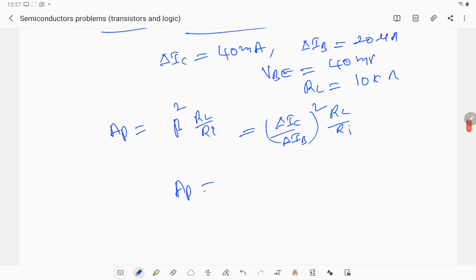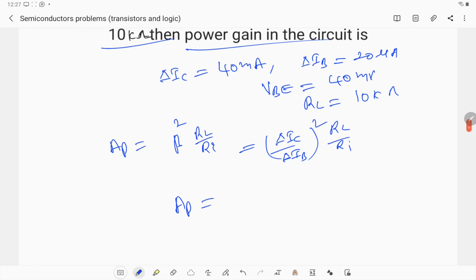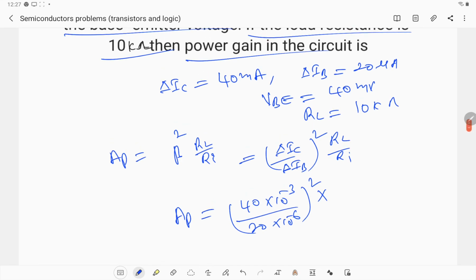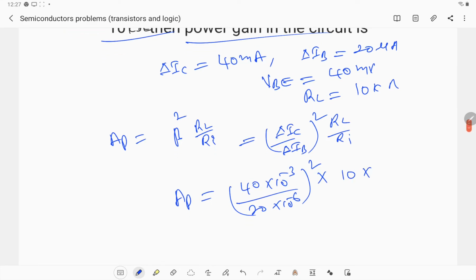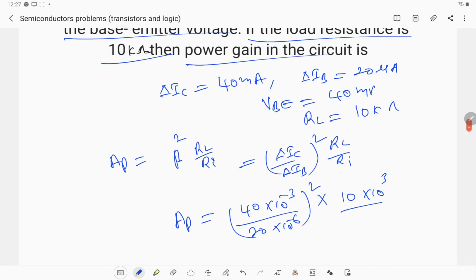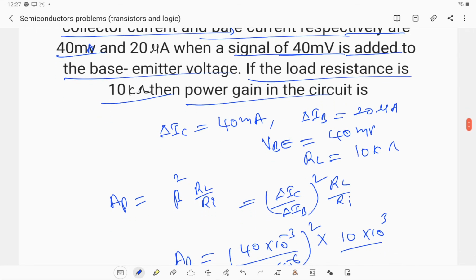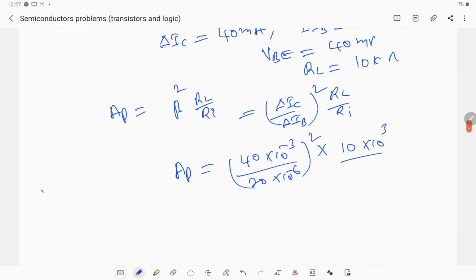Therefore, power gain is equal to delta IC, given as 40 milliamperes, 40 into 10 to the power of minus 3, over 20 into 10 to the power of minus 6, whole square, and load resistance is given as 10 kilo ohms, 10 by 10 cube, and input resistance is not given. Therefore, V is equal to I into R, so R is equal to V by I.